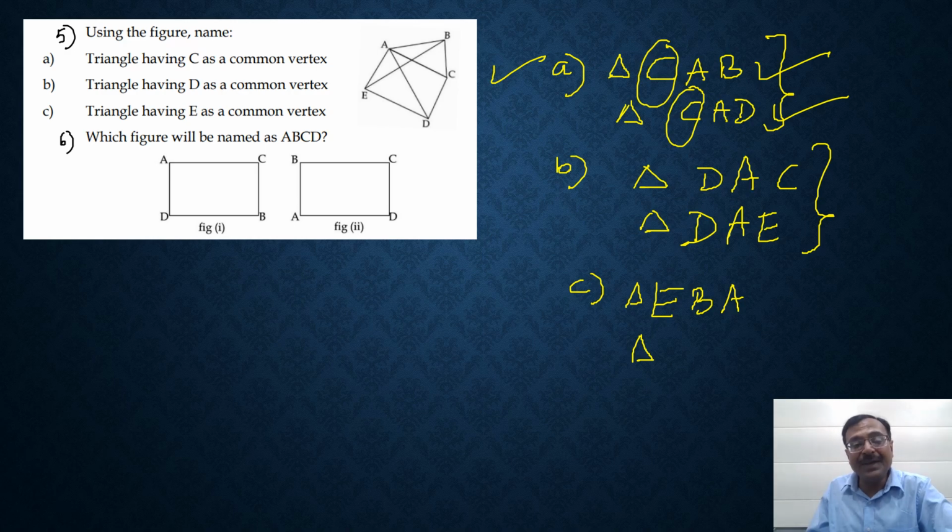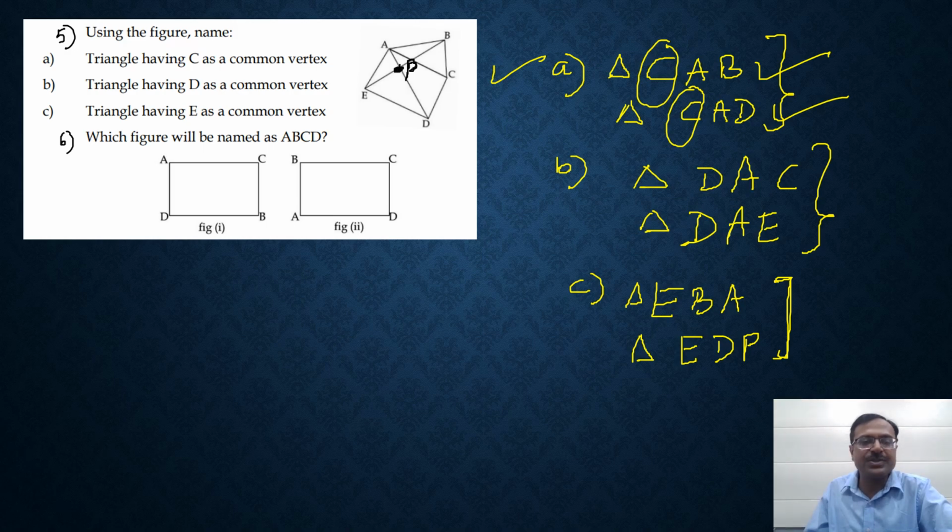And even if we have to name the figure, the point here, this point as P, then you can name another triangle, triangle EDP, and only then you will get the triangles having the common vertex E. So that's how it goes. It's all about understanding. You can solve the questions if you have good understanding of the topic.